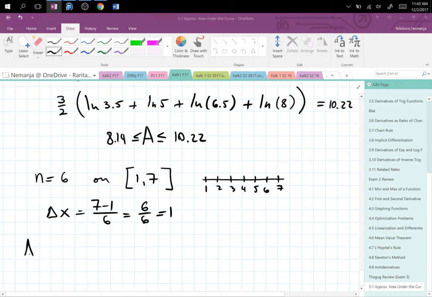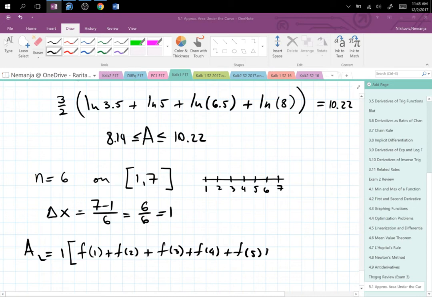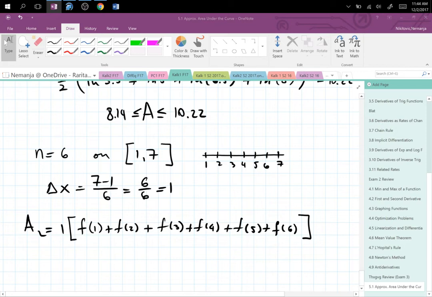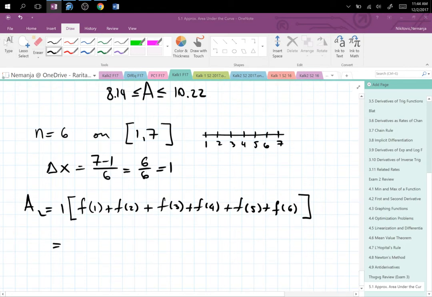So now the left sum is going to be 1 times f of 1 plus f of 2 plus f of 3 plus f of 4 plus f of 5 plus f of 6. We do not use the 7 on the left sum because there is no rectangle to its right for it to be the left of. So this is ln 2 plus ln 3 plus ln 4 plus ln 5 plus ln 6 plus ln 7.